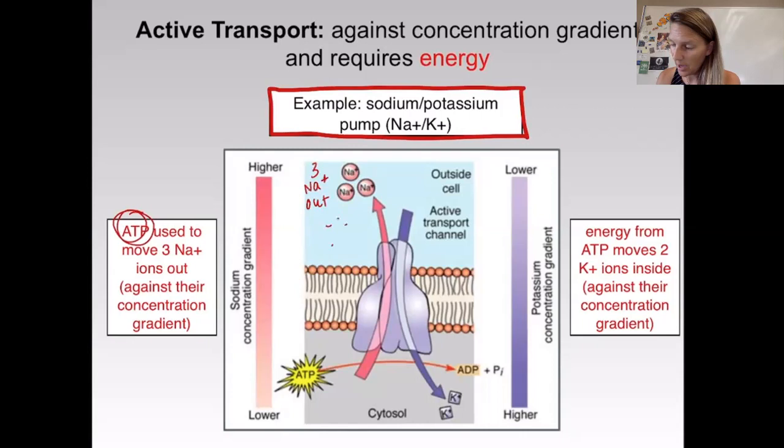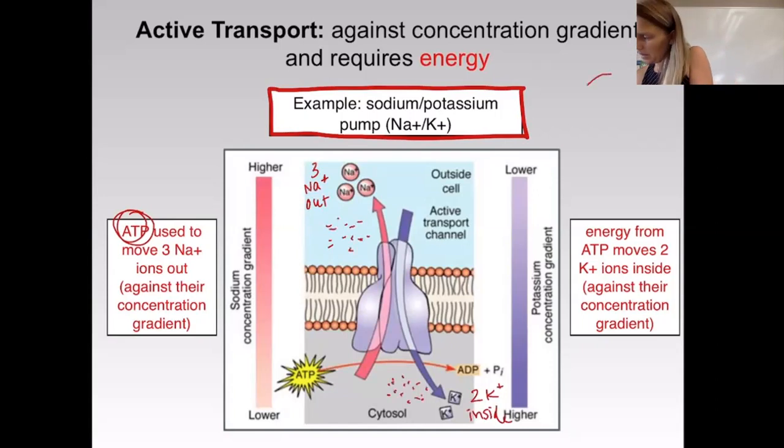So there's a lot of sodium already out here, and we're pushing more out. And at the same time, this cool membrane protein also moves 2 potassium inside, also against their concentration gradient. So there's usually a lot of potassium here, and we're pumping more in.